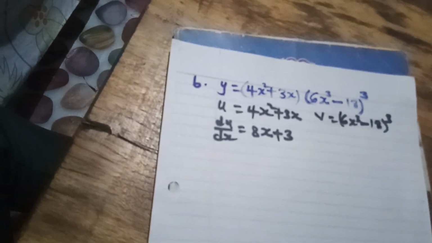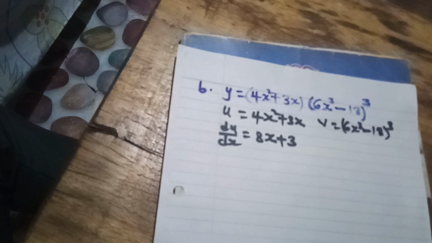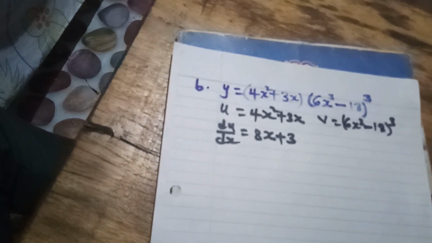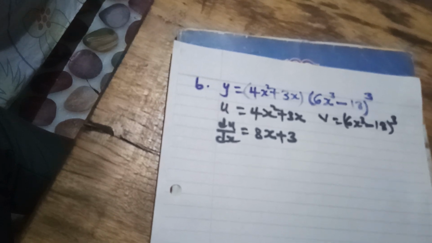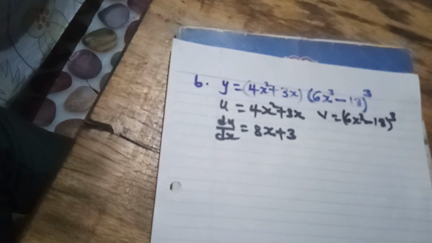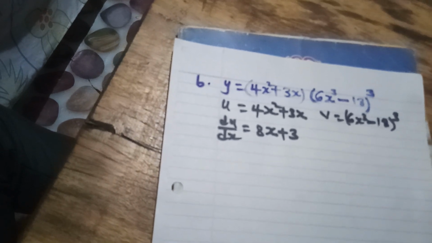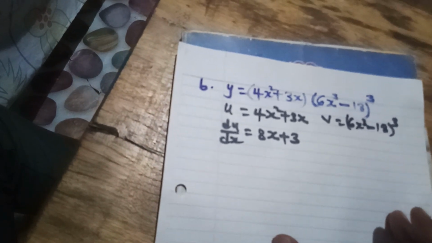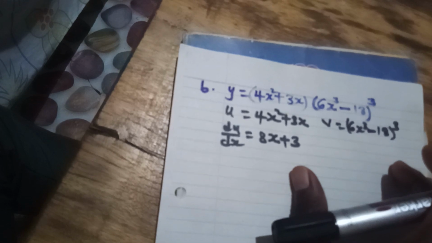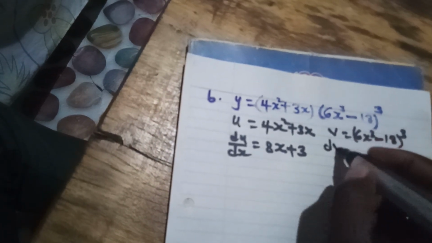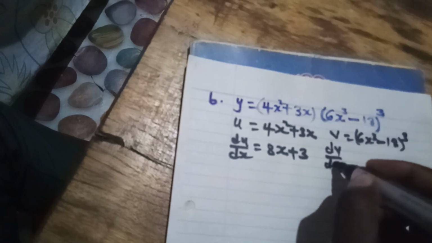Then this one will involve us using the chain rule shortcut method. And if you never learned the shortcut method that I taught in the previous class, then make sure you check the previous lessons to understand how to differentiate this function using the chain rule method. Let us now use our chain rule to find this dv over dx.